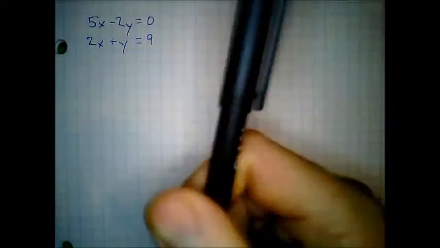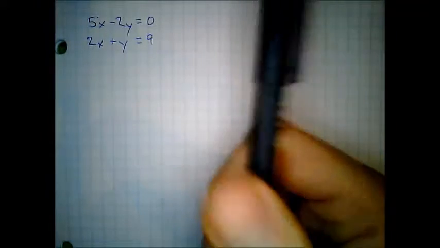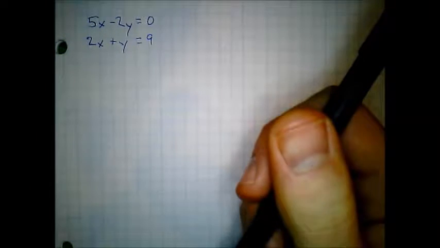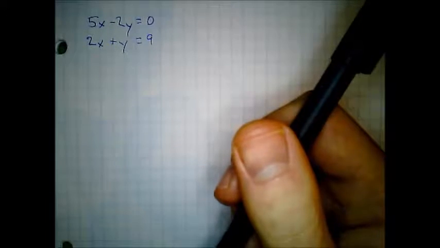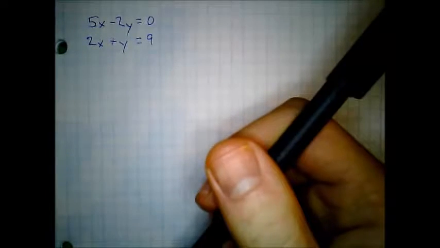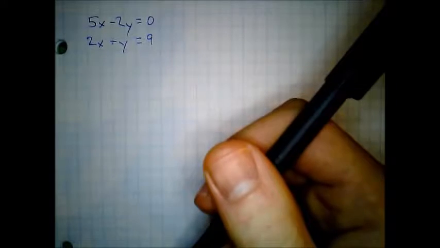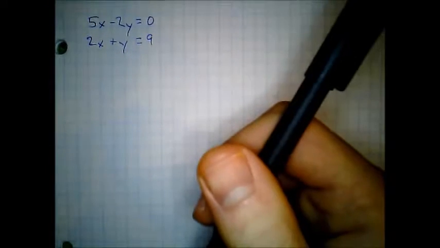Well, we're also allowed to manipulate our equations. We're allowed to multiply every single number in either one of our equations or both of our equations by any number we want, so that we can make one of our variables match up. We want to make one of our variables eliminate.